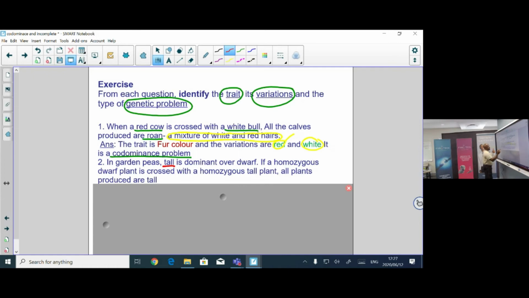Scenario: if a homozygous dwarf plant is crossed with a homozygous tall plant, all plants are tall.